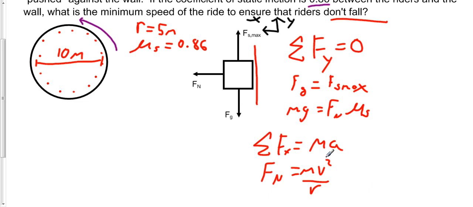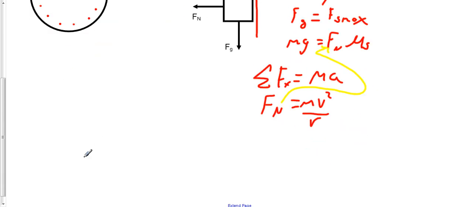And again, we're looking for this v. We know r, we know mu s. We don't know what Fn is. So let's do what we did before. Let's sub in this value for Fn into this expression here. And what I'm going to get then is mg equals mv squared over r times mu s.